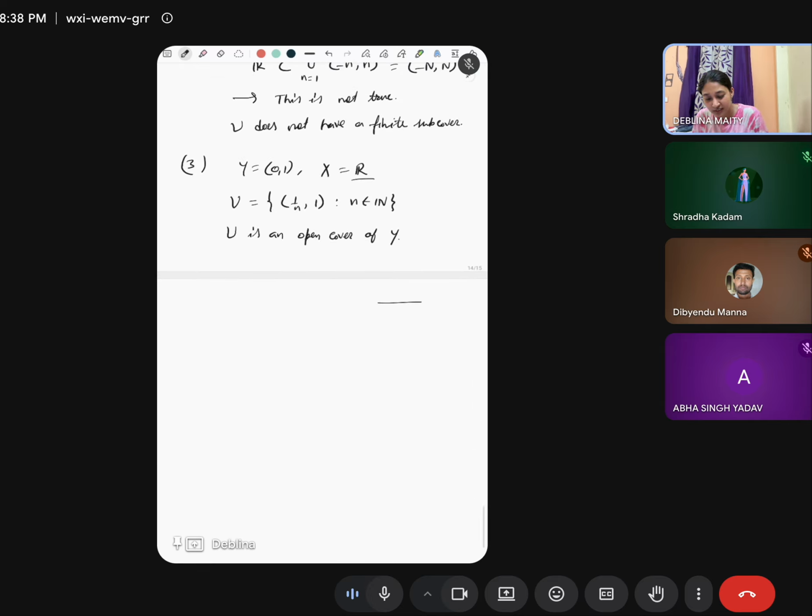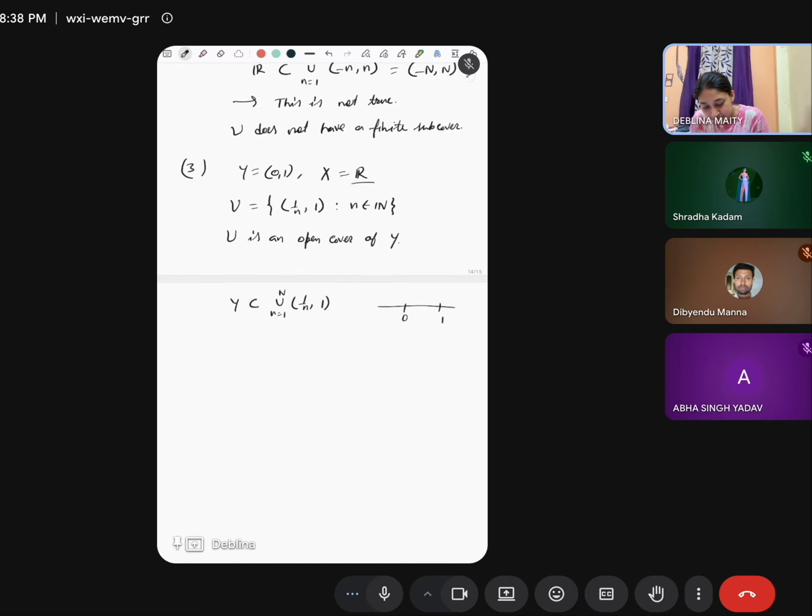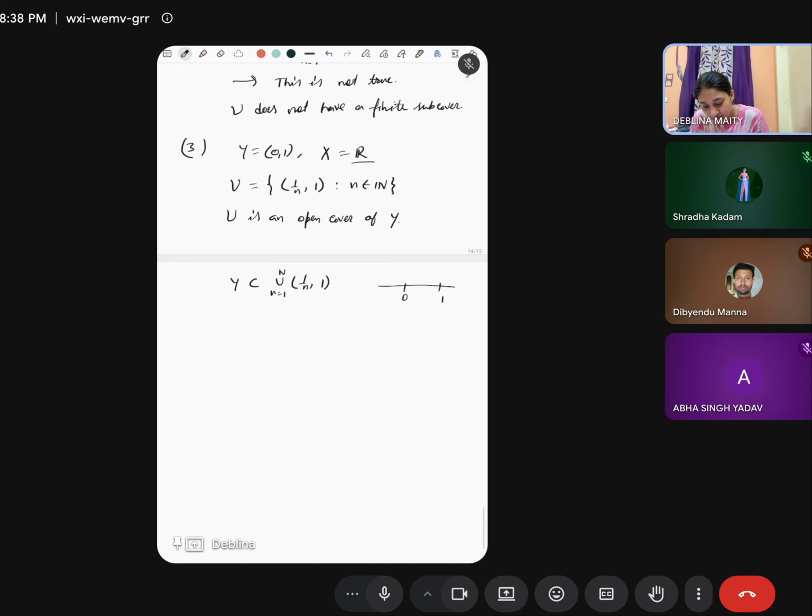Because if it has a finite subcover, then Y must be contained in the union of (1/n, 1) for n from 1 to N. There must be some capital N.